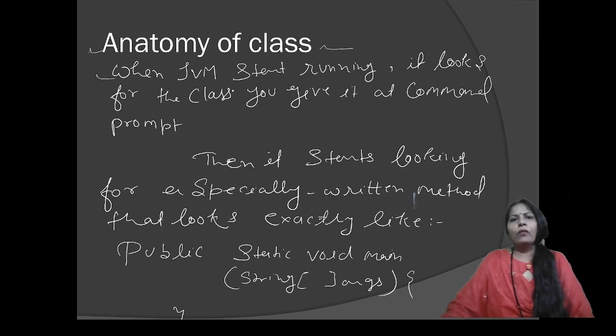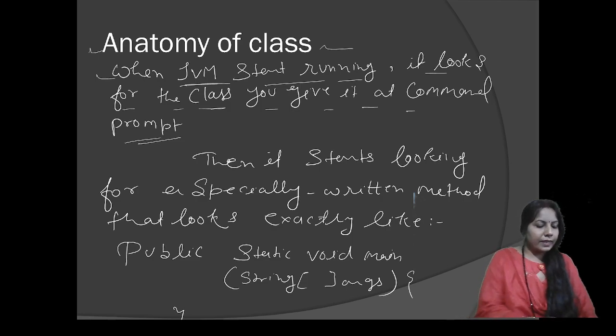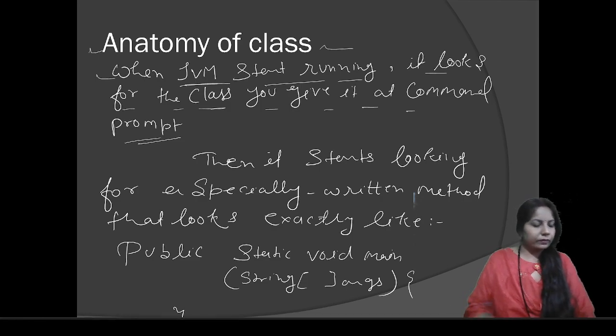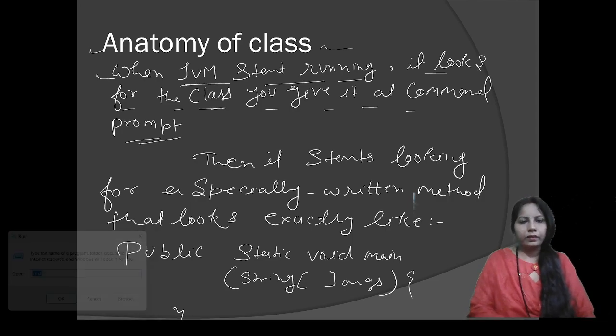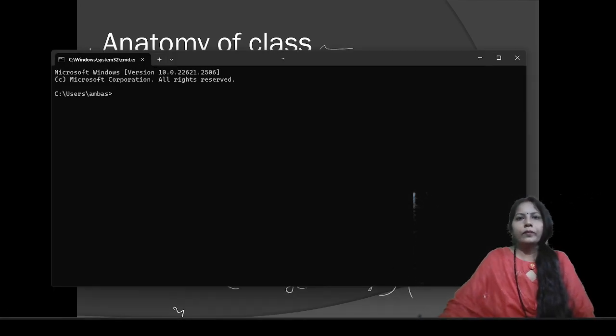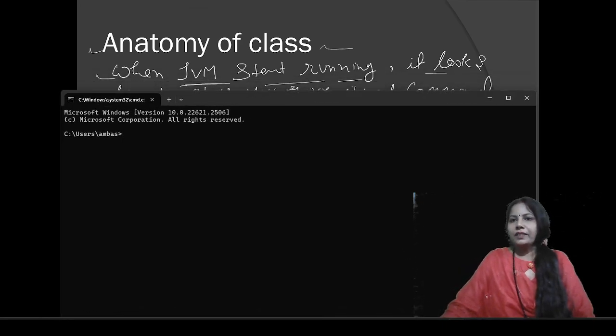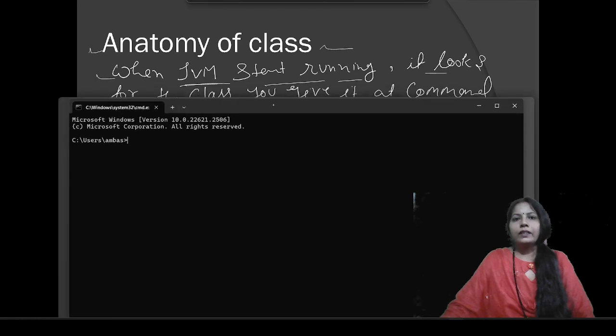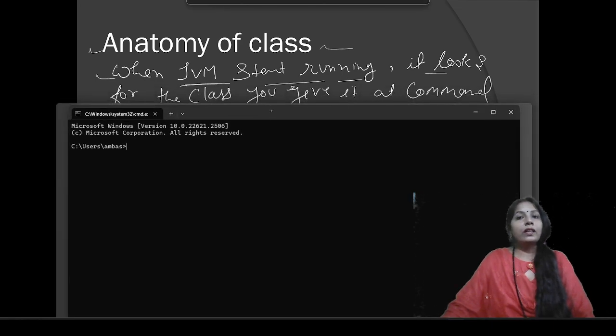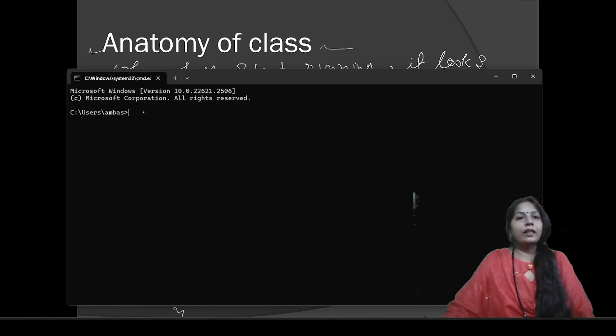So simple, when the JVM, your Java virtual machine, starts running, it looks for the class that you give at the command prompt. As I want to say, Windows R, CMD. So here, when your JVM starts running, at first it looks for the class that you give at the command line.